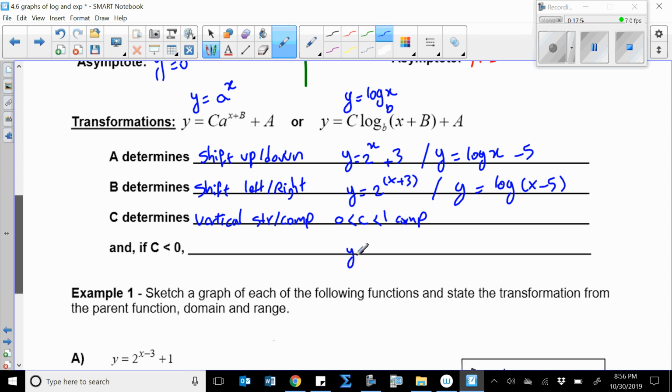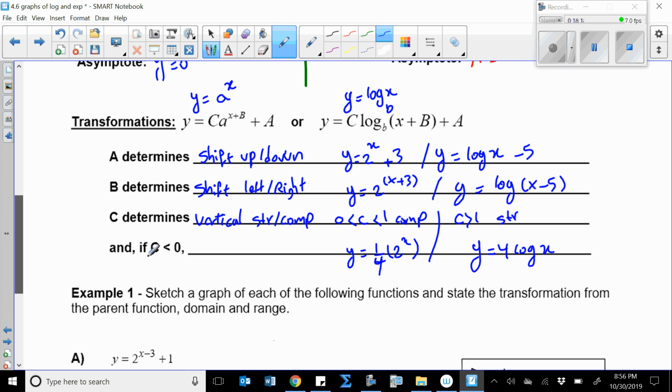For example, y equal to 1 over 4 times 2 to the power of x. But if the c value is greater than 1, then we have a stretch. For example, y equal to 4 times log of x. So this is the stretch.